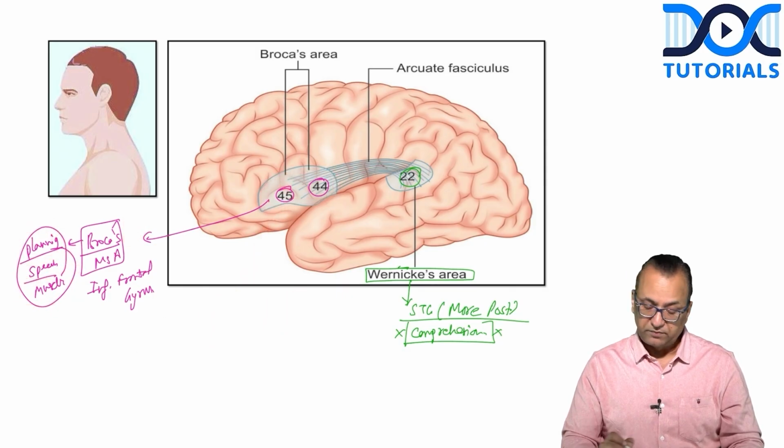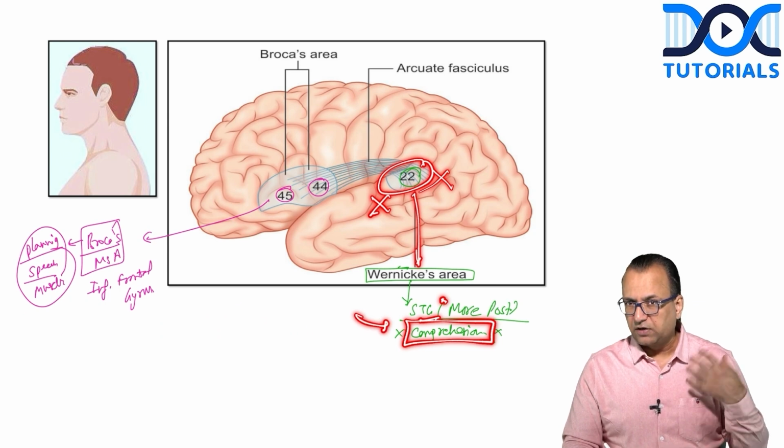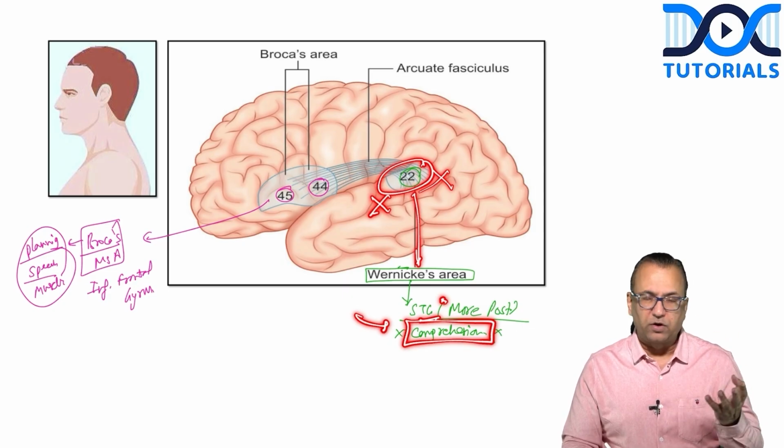What about Wernicke's aphasia? In Wernicke's aphasia, the patient cannot understand the language, so he cannot actually communicate properly. He won't even understand what he's speaking in addition to what you are speaking. So he won't be able to follow the command, as our patient is having.